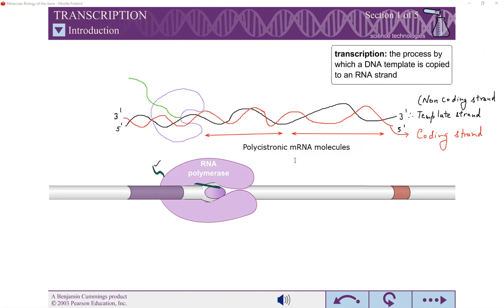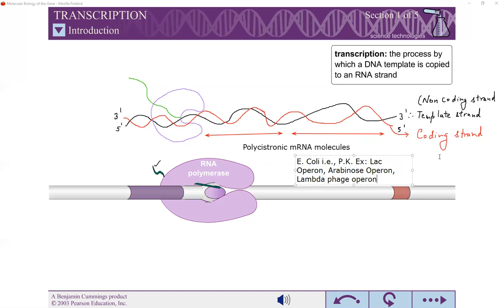Such a polycistronic mRNA molecule occurs in the case of E. coli, that is, in the case of prokaryotes. Examples are the transcription of the lac operon, the arabinose operon, and the lambda phage operon.